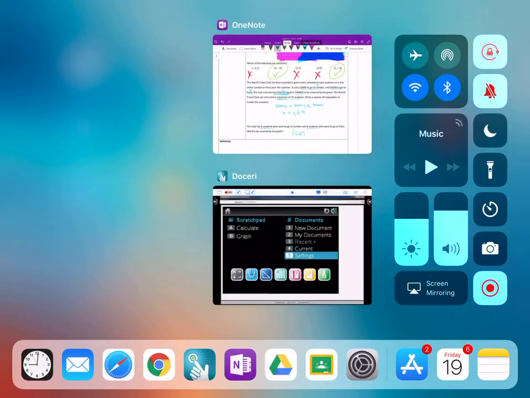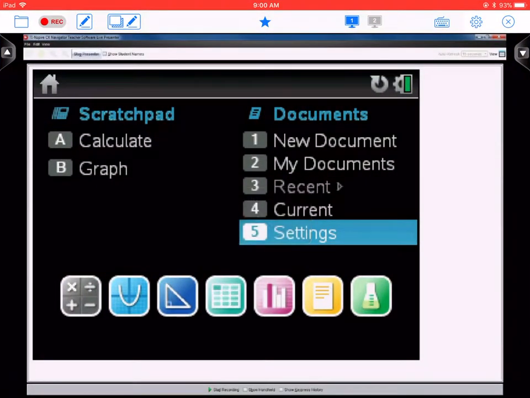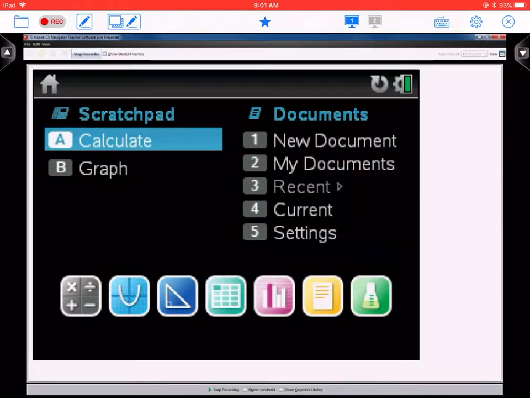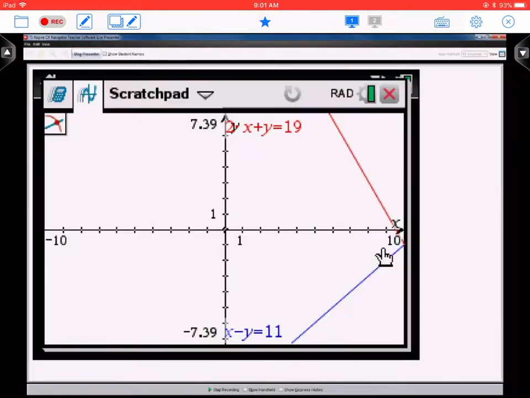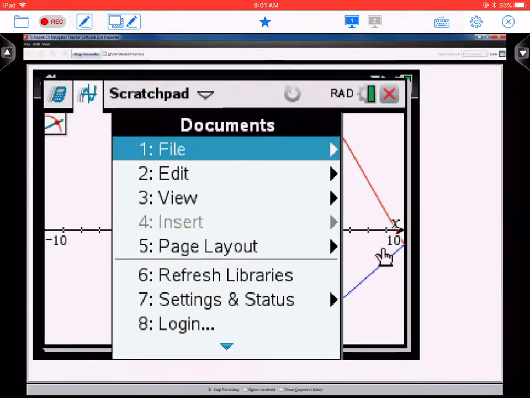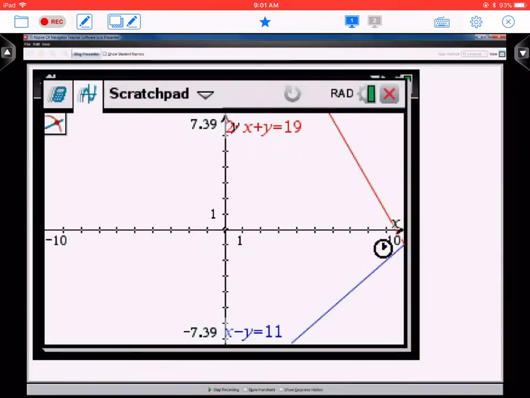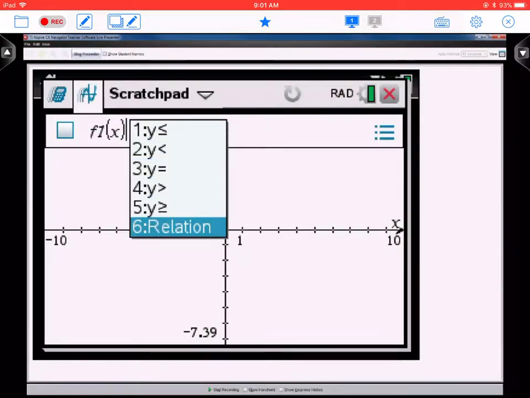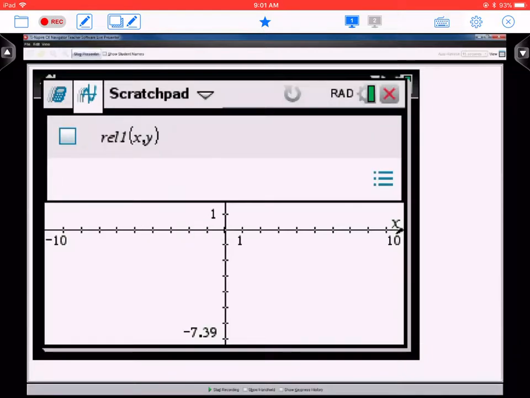Well, I have a calculator here. All right, it's your Inspire. Remember, we just go to graph. And to graph these inequalities, we're going to clear that, delete the equal sign, and go to relation, right? Remember, you got to go to relation. And then graph your equations.